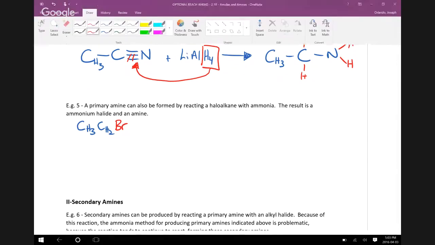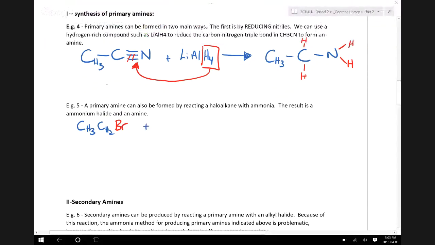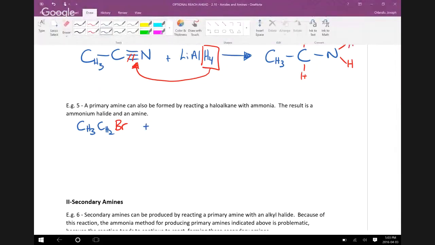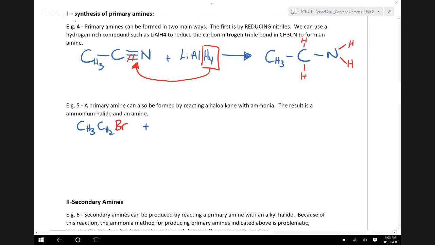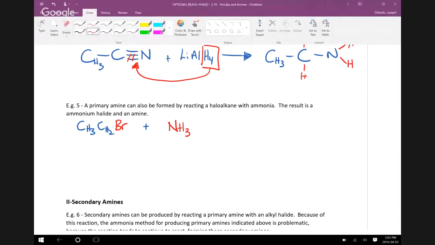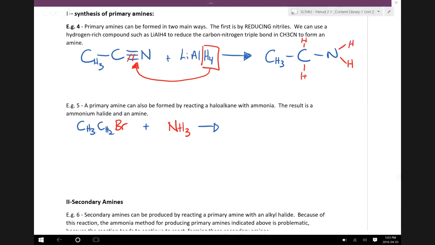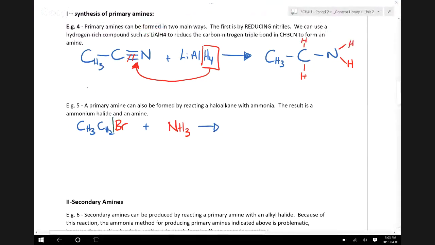So we can take this compound right here, and we can react that with ammonia, which is NH3. In so doing, when we do this particular reaction, this bromine will react with one of the hydrogens.